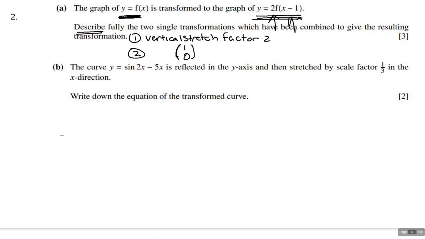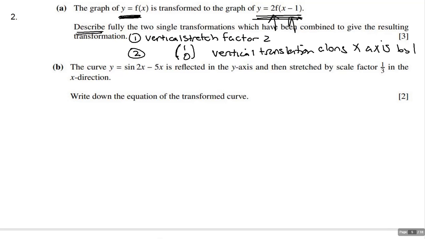If you don't write this, then you need to say that it's a horizontal translation or shift along the x-axis by how much? By 1. What we won't want to say is we don't want to say the words left or right. Okay? Do you remember we talked about that before? Yeah.